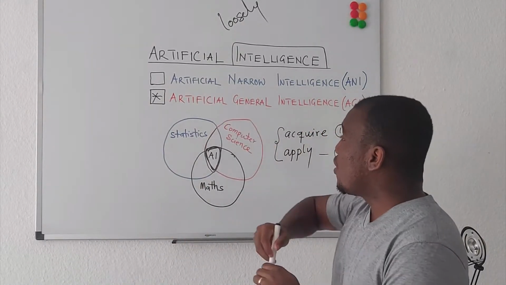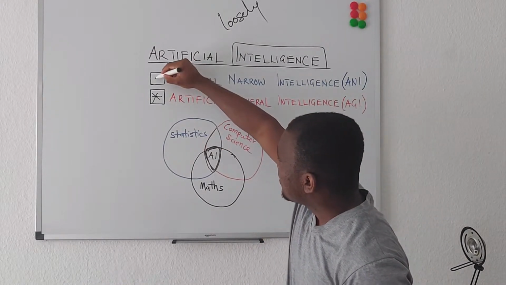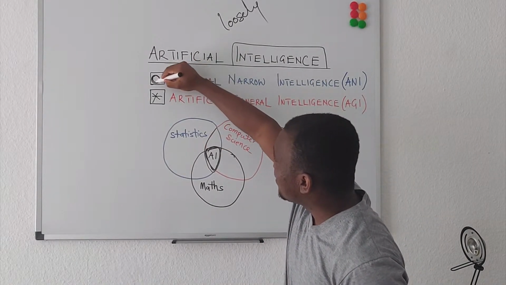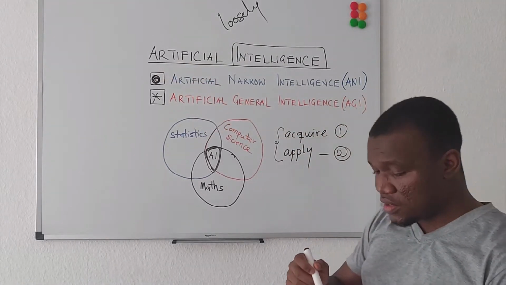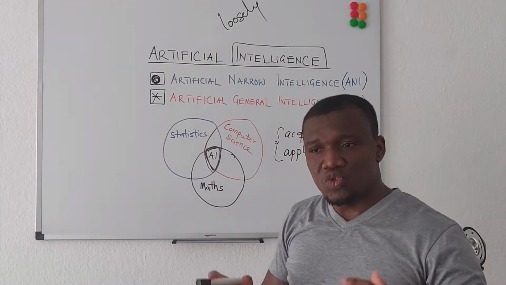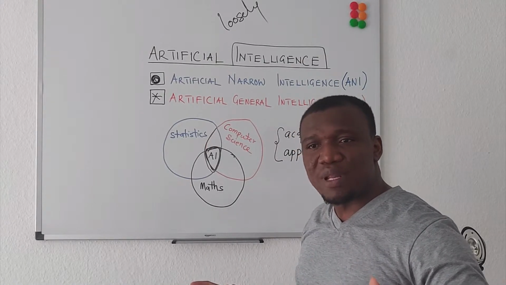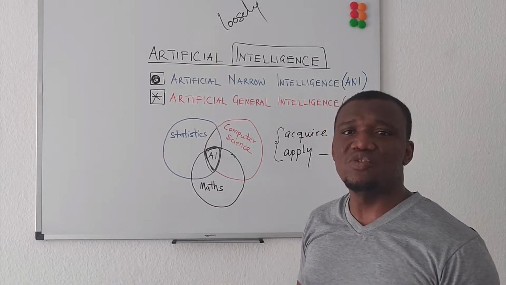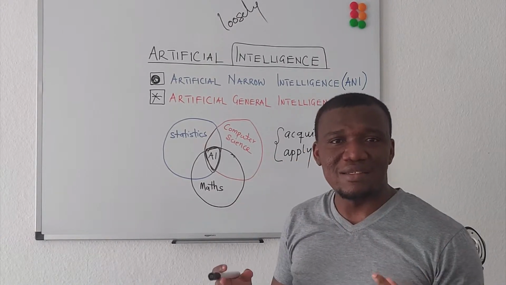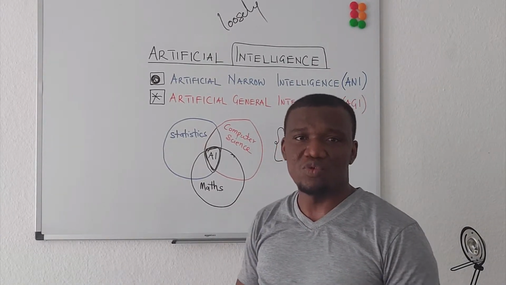Okay, so all the hype about deep learning is centered around artificial narrow intelligence, where we are focusing on training models that are able to solve one problem or a set of problems very, very well, instead of attempting to give general intelligence like human beings or animals are able to do.